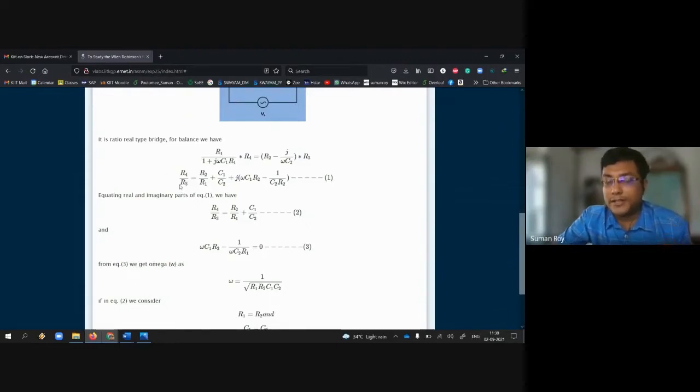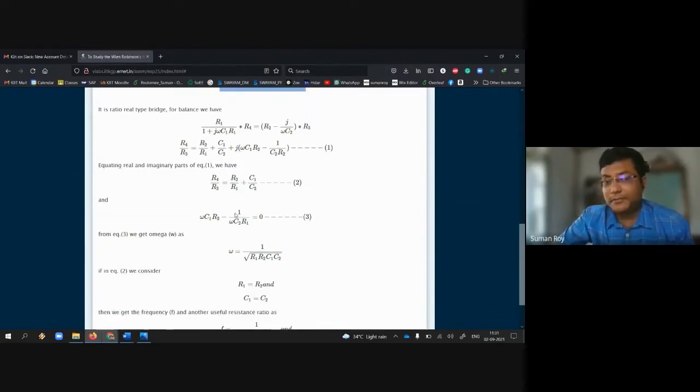So we can infer from equation number 1 that omega C1 R2 minus 1 by C2 R1 should be exactly 0, which is given by equation number 3. Similarly, R2 by R1 plus C1 by C2 should be equal to R4 by R3, as mentioned in equation number 2. Hope it is clear how equations 2 and 3 have been derived.